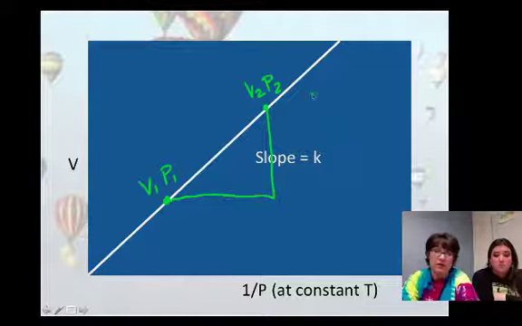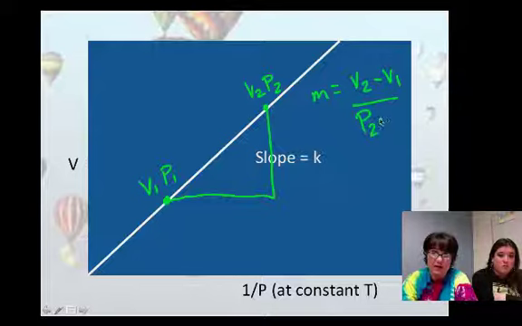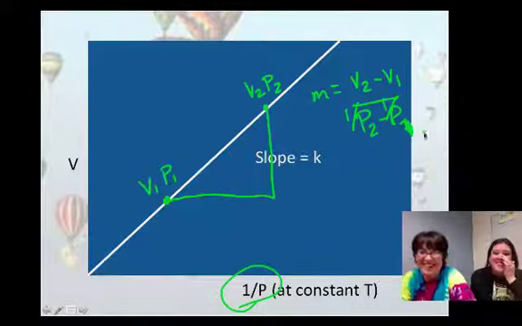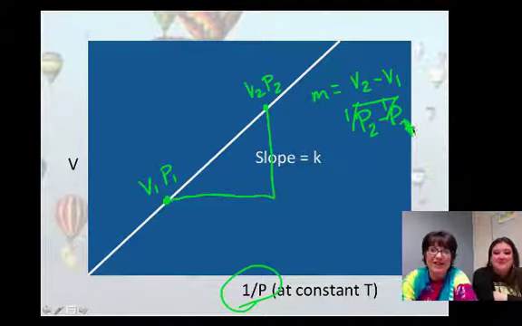It's a straight line, so my slope is going to be equal to y2 minus y1 over x2 minus x1. Only in this case, my x is the inverse, so it's 1 over P2, and that should be P1.